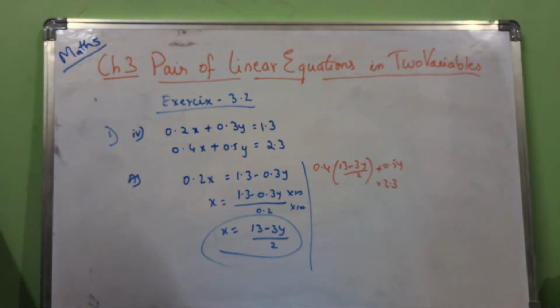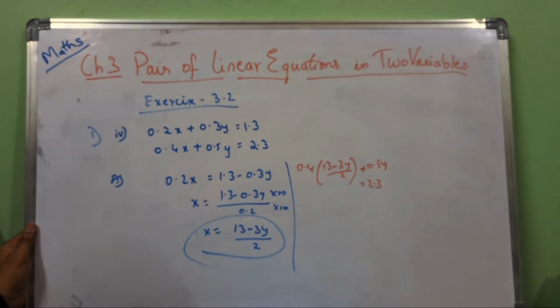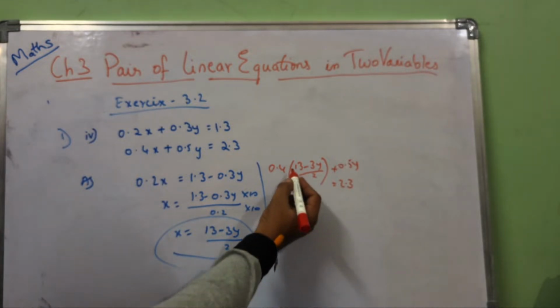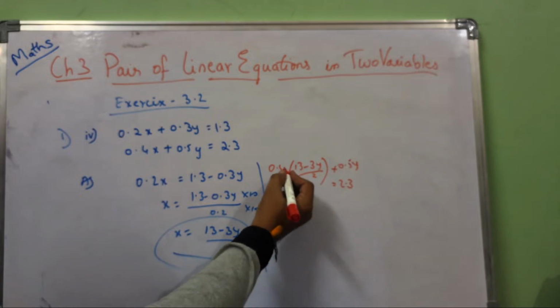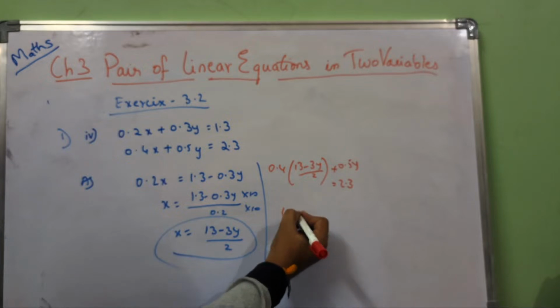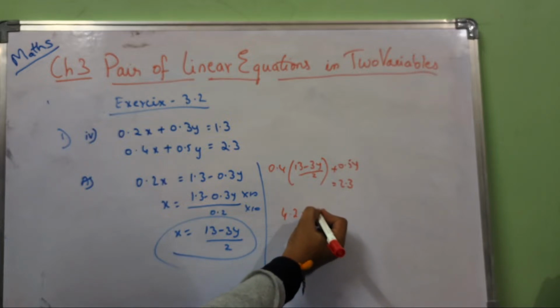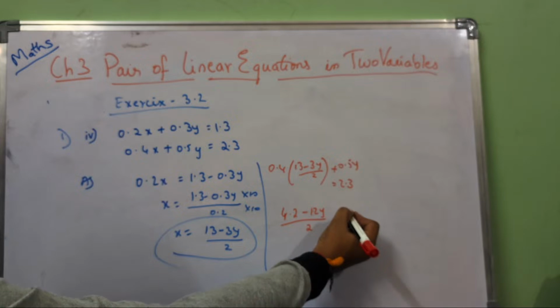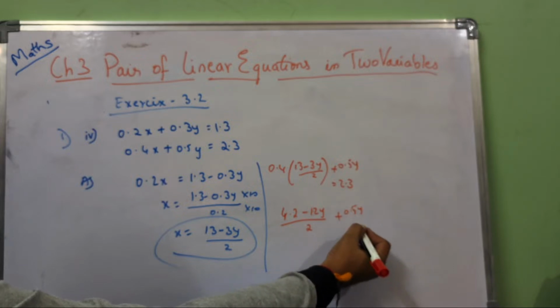So 0.4 times 13 is 5.2, and 0.4 times 3y is 1.2y. So it is 5.2 minus 1.2y by 2 plus 0.5y is equal to 2.3.